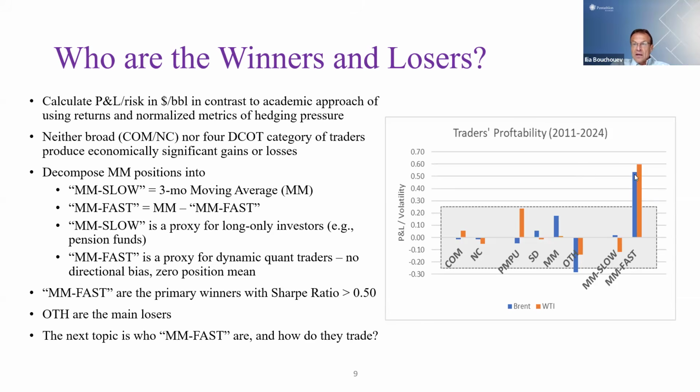So on aggregate, they're able to generate a positive Sharpe ratio of about 50% in both the WTI and Brent markets, which is particularly impressive given the different structure in both markets. They're making money in both. So what do they do? And how do they trade? Well, that's the subject of my next video.